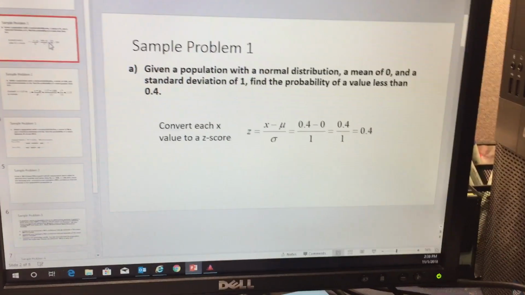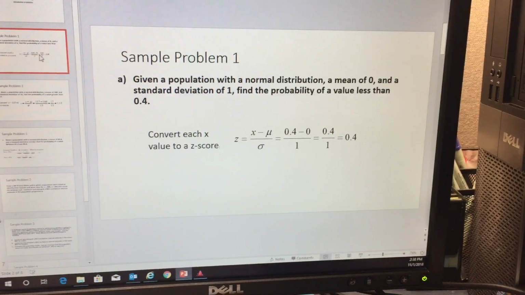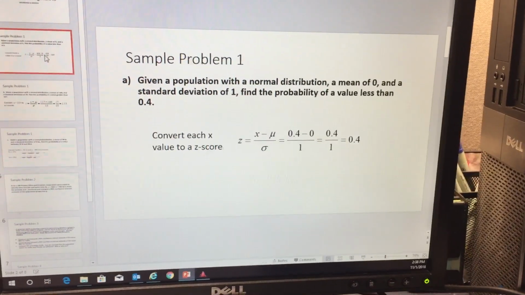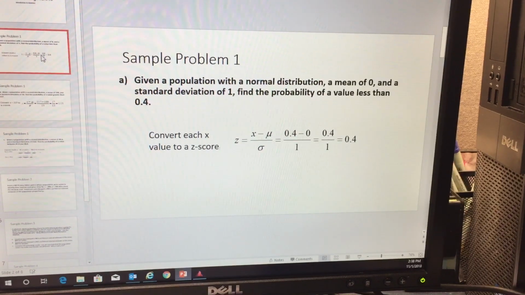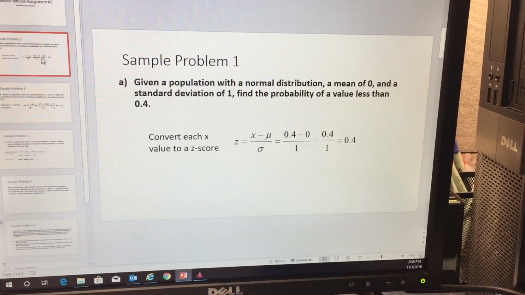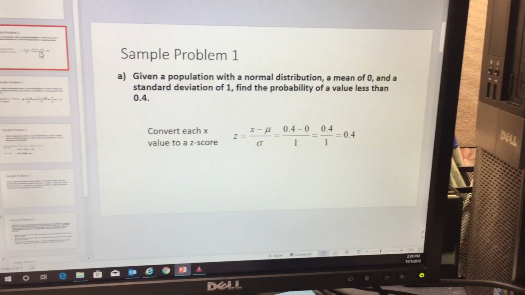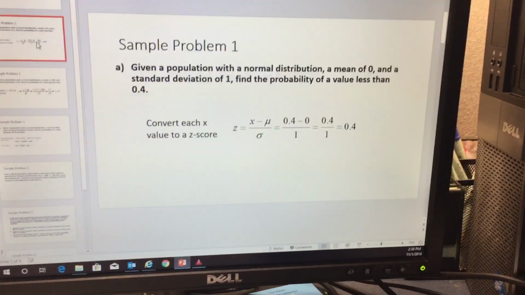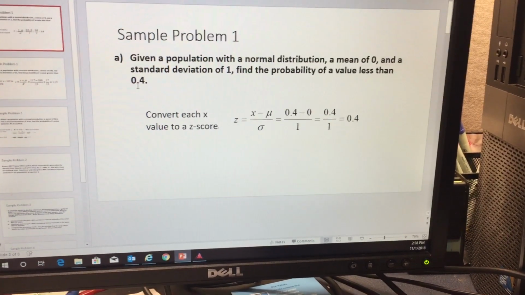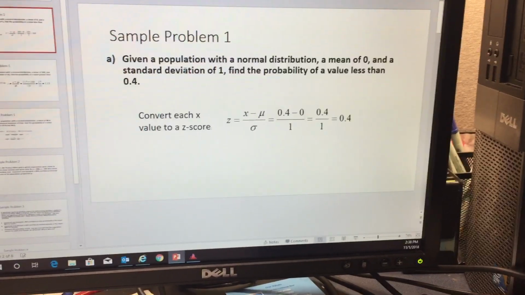For sample problem number 1, part A, you're going to be given a population with a normal distribution, a mean of 0, and a standard deviation of 1. And you're going to find the probability of a value less than 0.4. So the first thing you have to do there is convert the x value to a z-score. Here your x is going to be the 0.4, and the mean is 0, the standard deviation is 1.